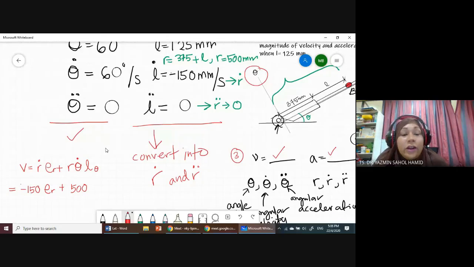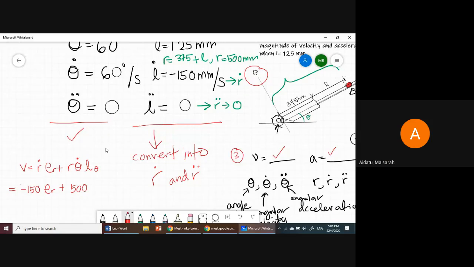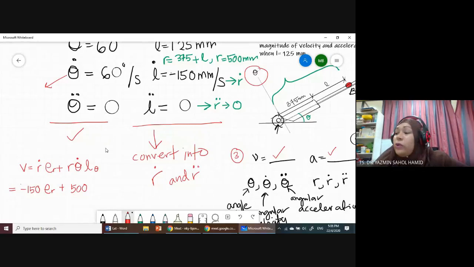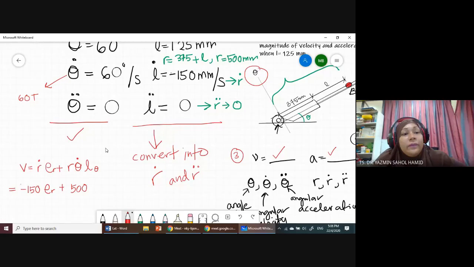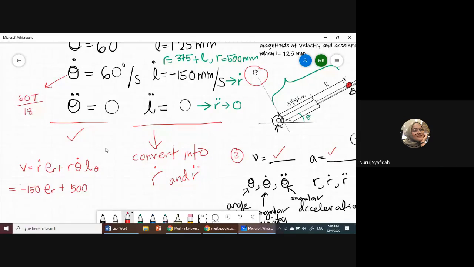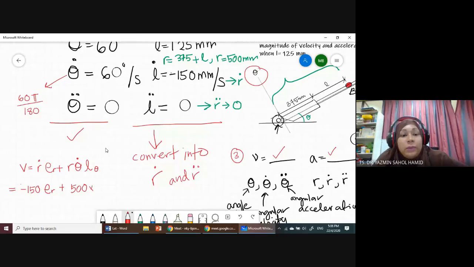Hello, what is our theta dot? Can someone answer? 60 degrees per second. But you need to convert this to radians, so 60 multiplied by pi divided by 180.